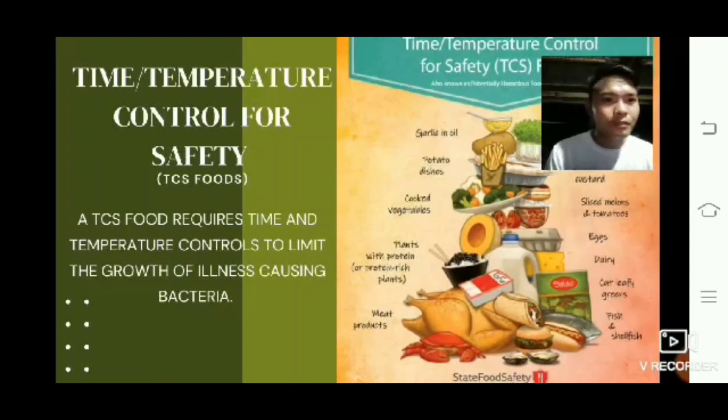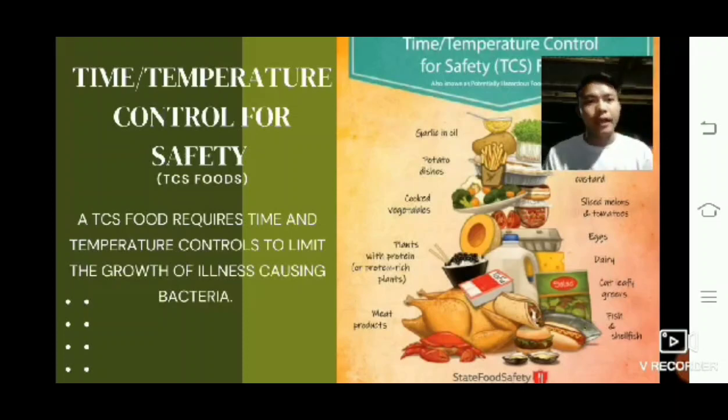So time temperature control for safety. Here are examples of foods that have specific times or temperatures when you cook that certain food.